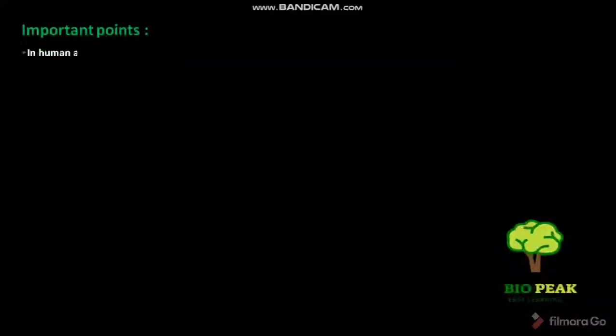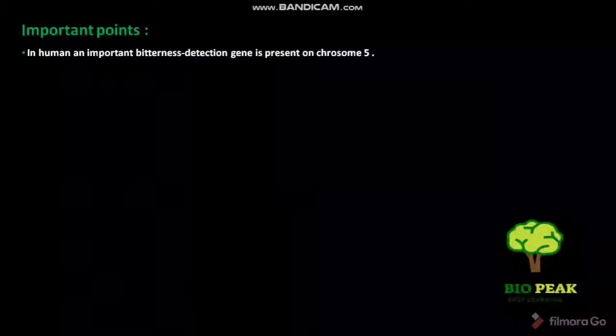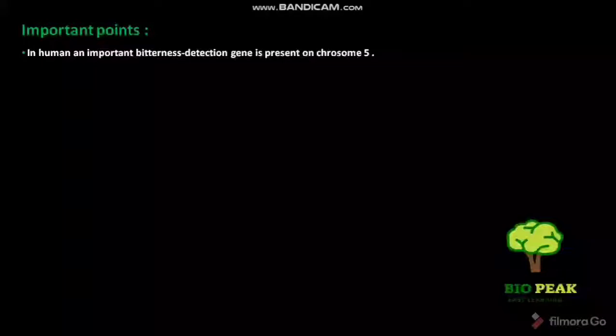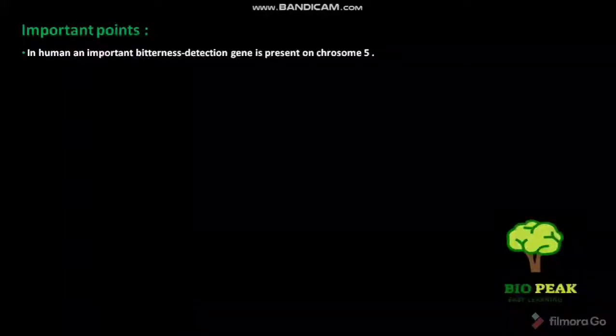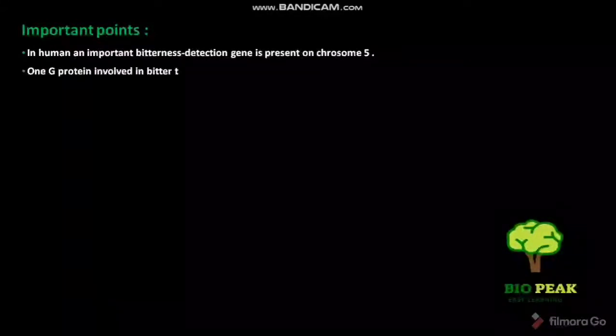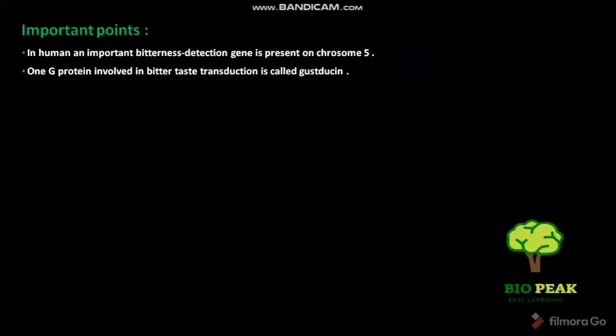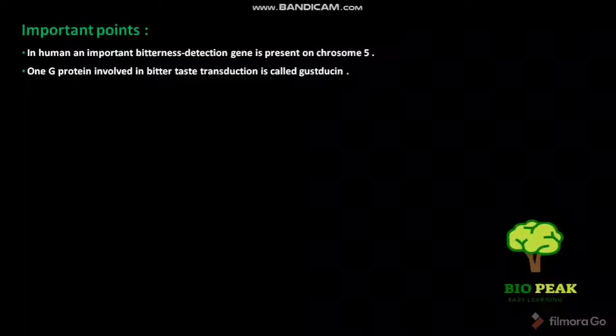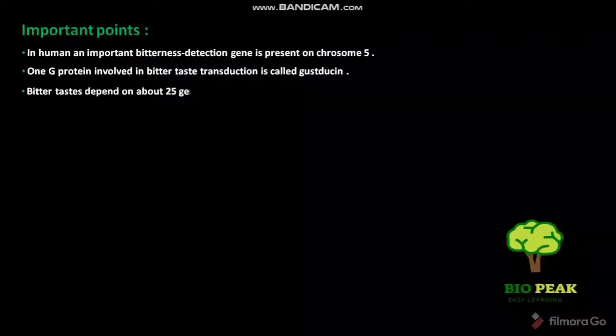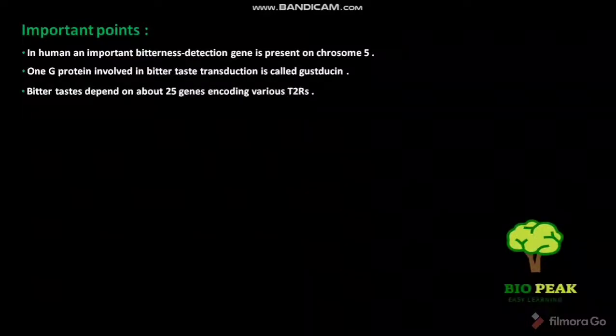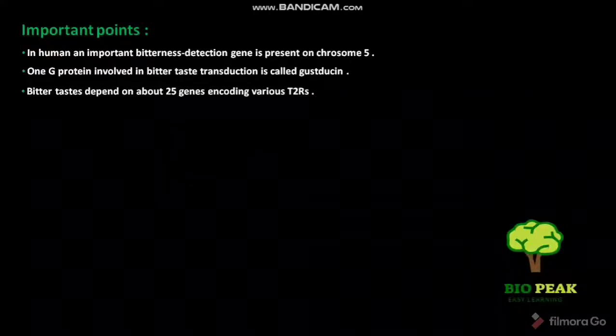Now, some important points. In humans, an important bitterness detection gene is present on chromosome 5. One G protein involved in bitter taste transduction is called gustducin. Bitter tastes depend on about 25 genes encoding various T2Rs.